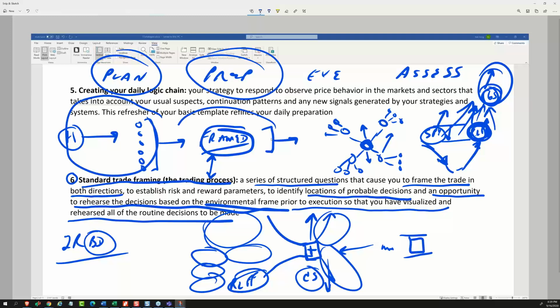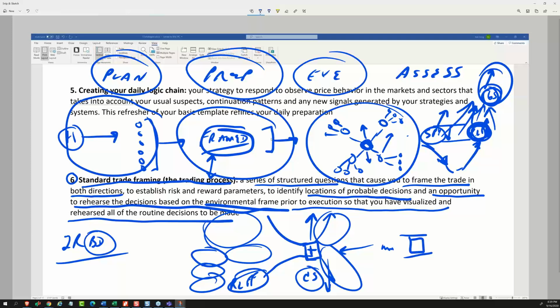Preparation is how I frame them and I prepare the logic chain. Execution is how I just execute the plan based on whatever price has to do. I just have to sense and respond, because I've already mapped out all the decisions I'm going to make. I don't have to do any thinking. So execution is just following the plan.